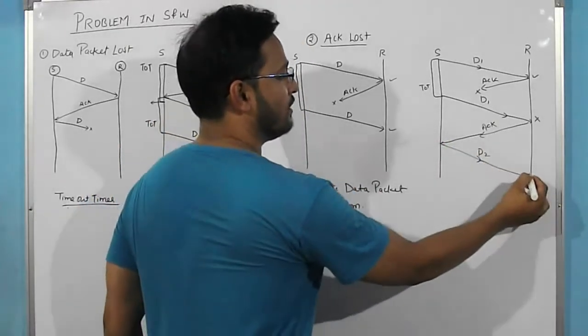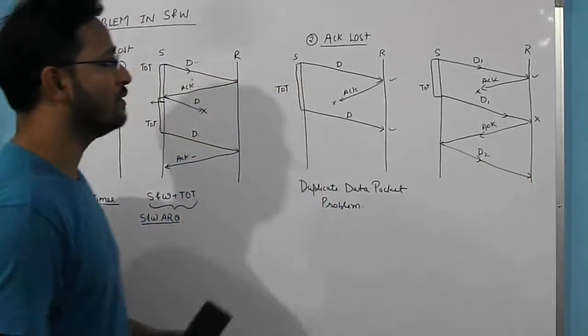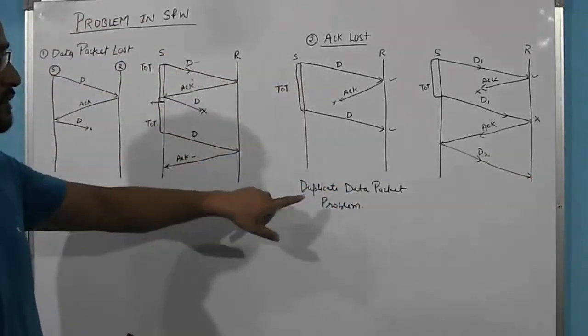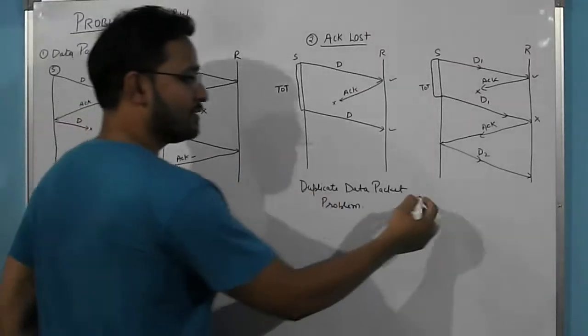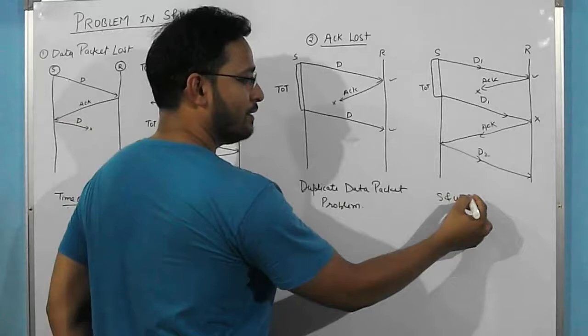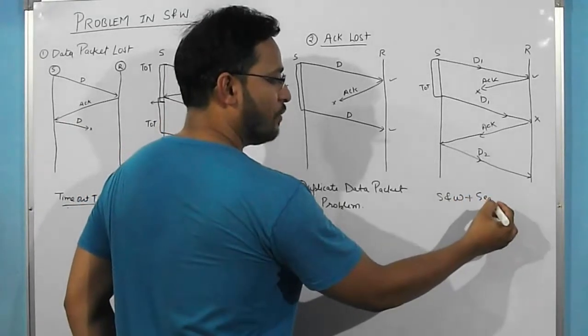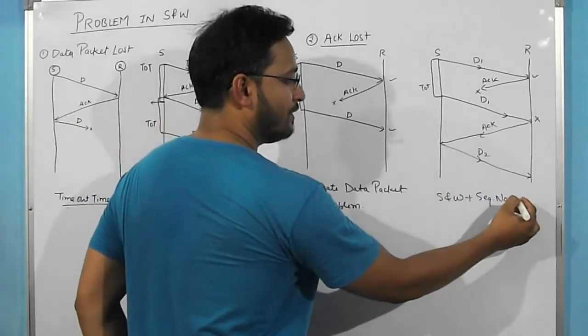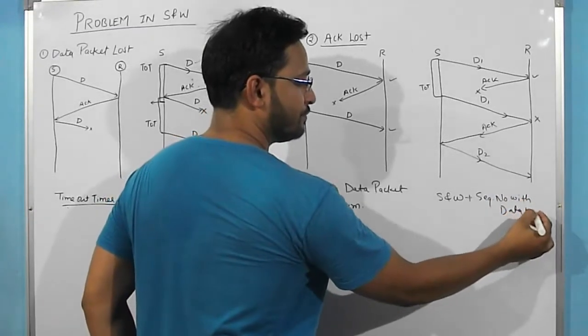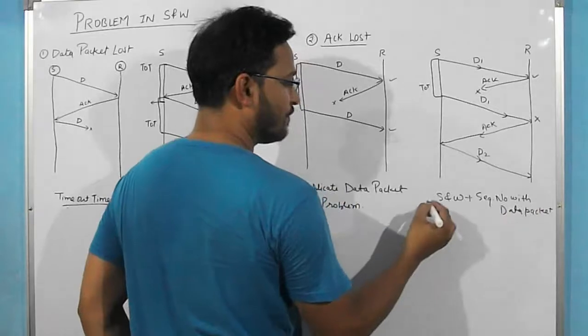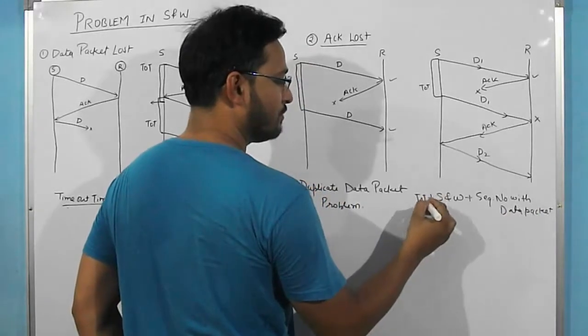So this is the problem: acknowledgement lost means duplicate data packet problem. To overcome this problem, we introduce stop and wait plus sequence number with data packet plus timeout timer.